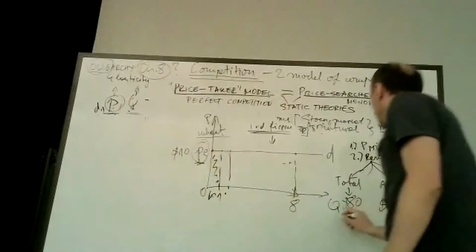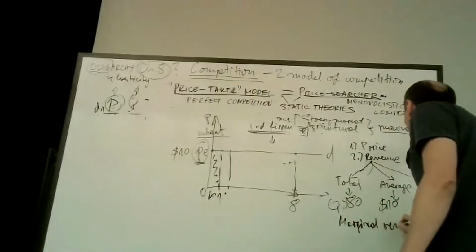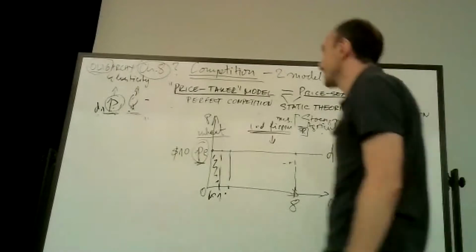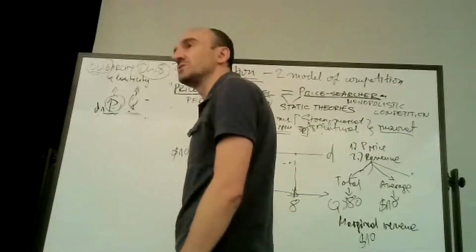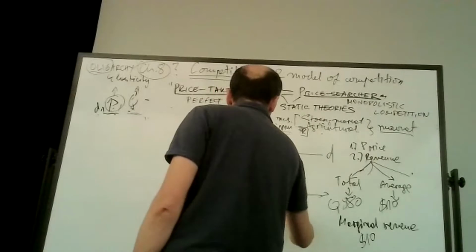So marginal revenue is $10 as well. So we can say that the price in a perfectly competitive market corresponds to average revenue per unit and to marginal revenue.